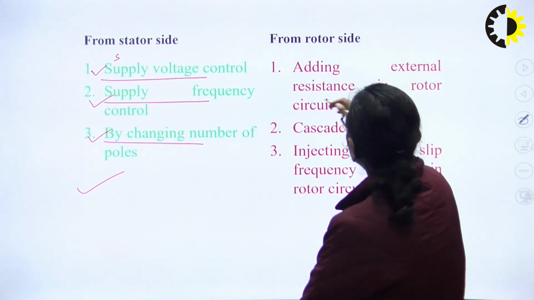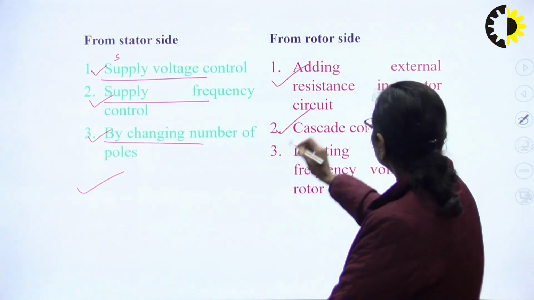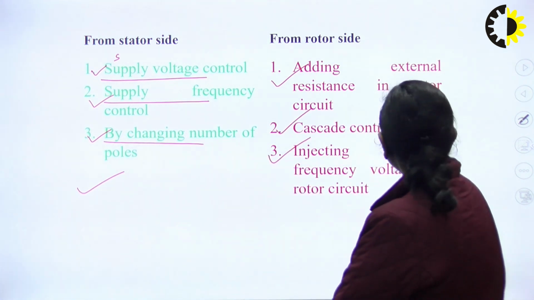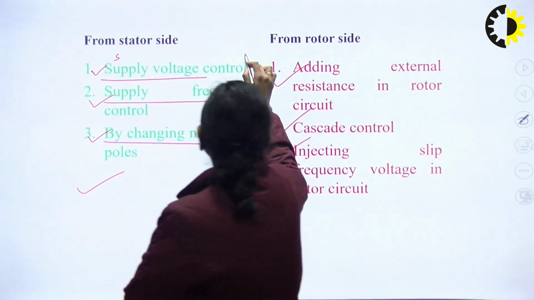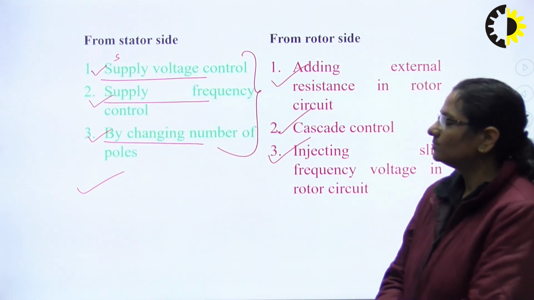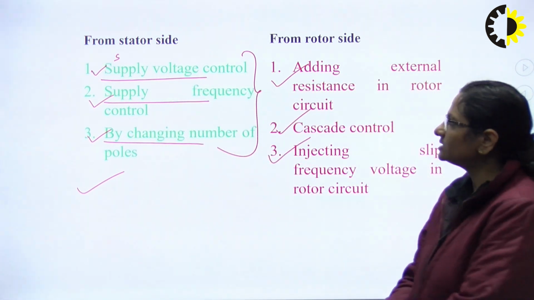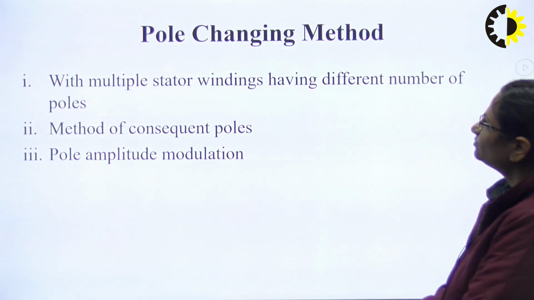From the rotor side, the methods are adding external resistance in the rotor circuit, cascade control, and injecting a slip frequency voltage into the rotor circuit. In the previous lecture of this topic, I have already covered the speed control methods exercised from the stator side: supply frequency control and the pole changing method.